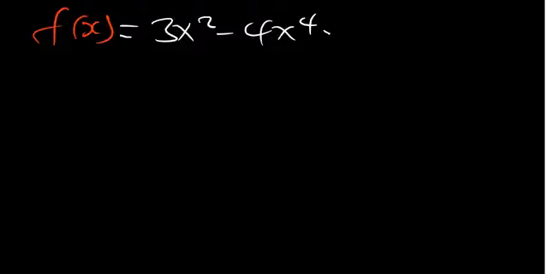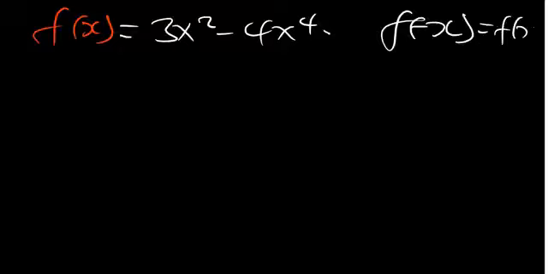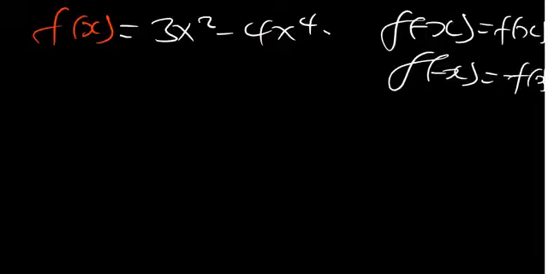A function is said to be even if f of negative x is equal to f of x. So if we plug in negative x where there's x and we get the original function, then that function is even. But if we plug in negative x and we get negative f of x, then the function is odd.